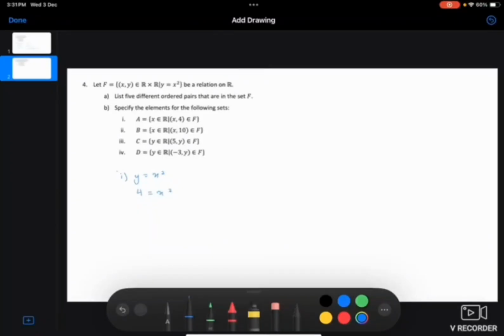So now we need to solve for x. X equal to plus minus square root 4. And this will give you x equal to plus minus 2. So the set A is element negative 2 and 2. The set A contains element negative 2 and 2.